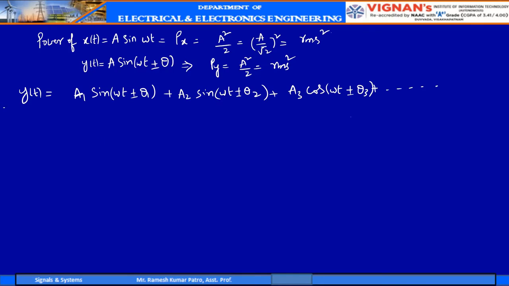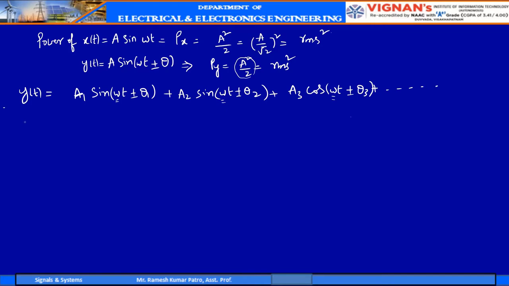Whether it is a sine term or cos term, the shape will not change. Therefore, the power of the signal will not change. The frequency also doesn't matter, because the power is not depending on the frequency. So whether you have omega or 2 omega or 3 omega, it doesn't matter.